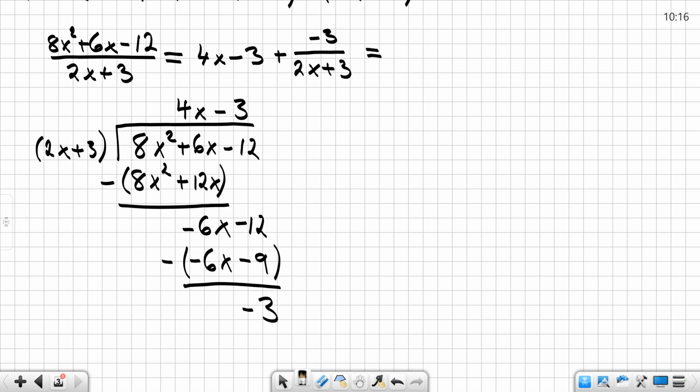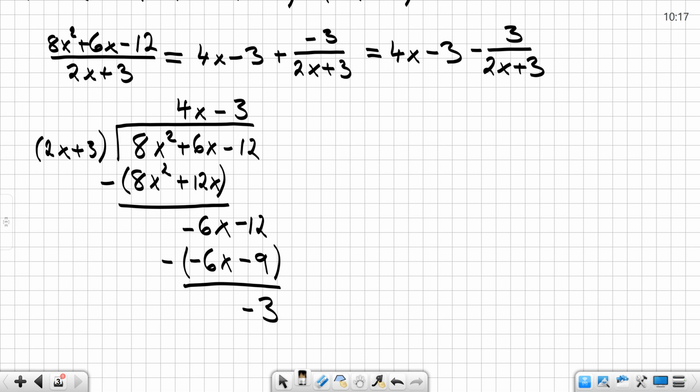Now, of course, this can be written as 4x minus 3, and this negative sign in my numerator can just come and jump up front. So in other words, I have minus 3 divided by 2x plus 3.